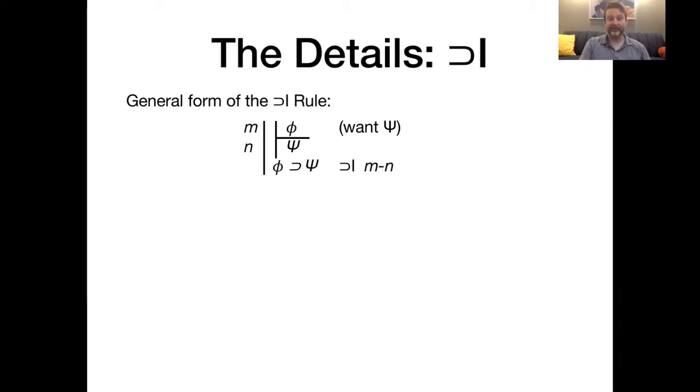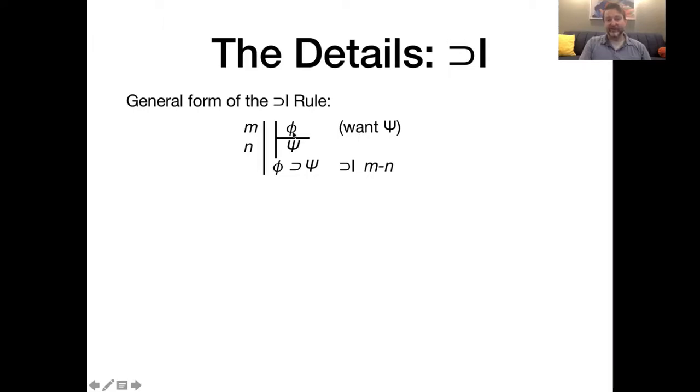So we assume phi here. And remember, phi is just standing in for any sentence letter whatsoever. And I find it helpful to make a note here, the author of your book does too, to tell yourself where this subproof is going to end. So you know when you've ended up where you need to end up, and you know what you need to shoot for.